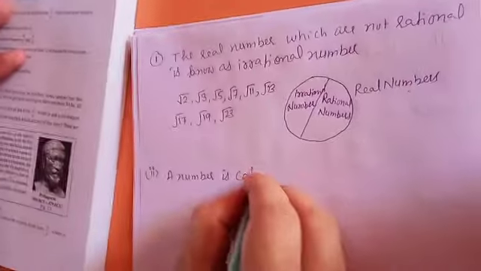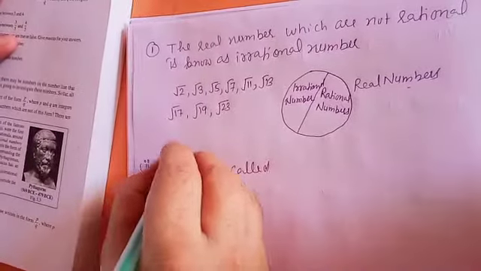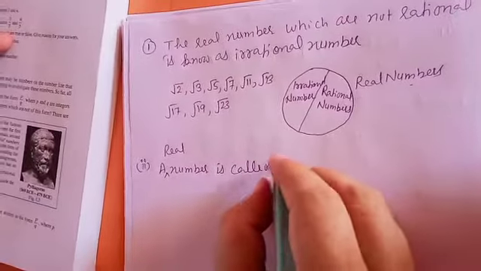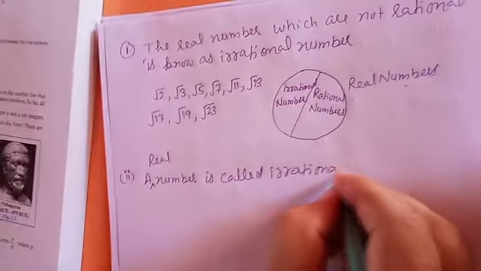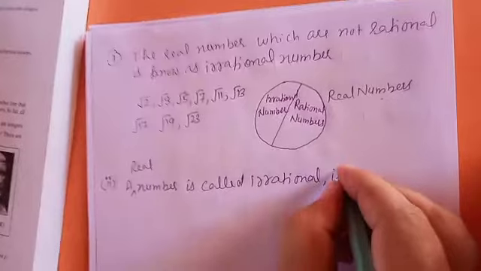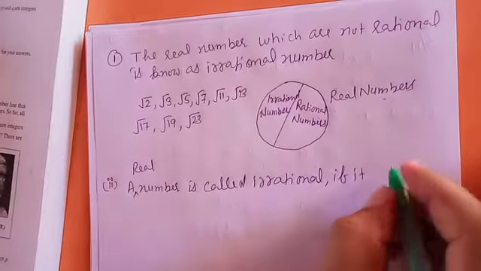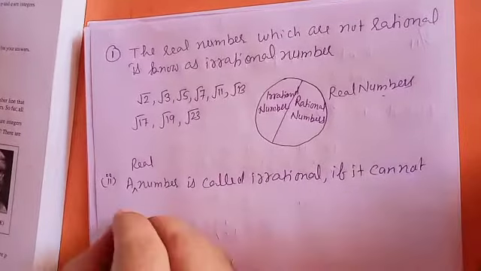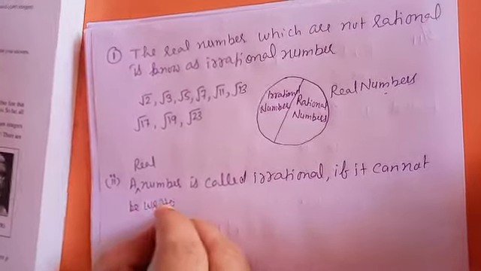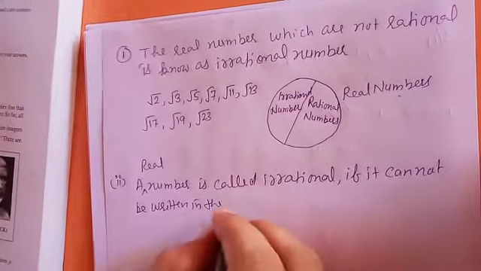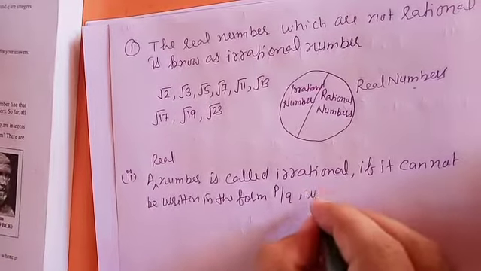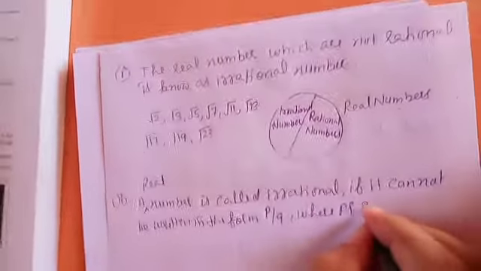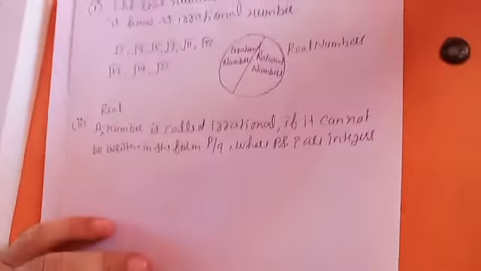A real number is called irrational if it cannot be written in the form P by Q, where P and Q are integers.